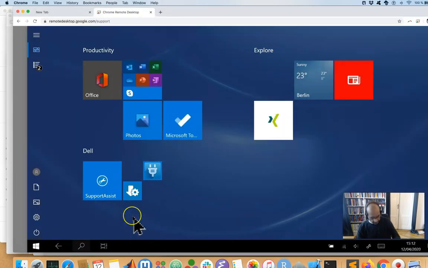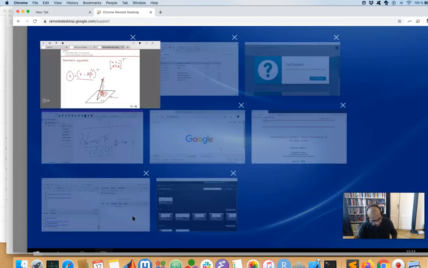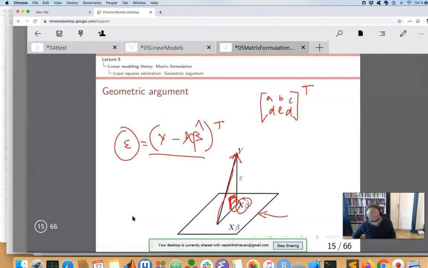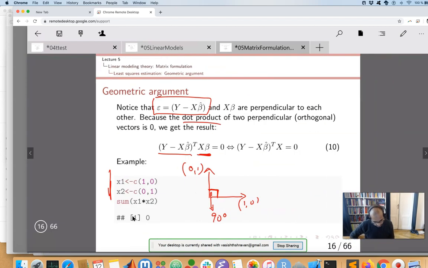So let's go back. What I've done now is take the transpose of the epsilon matrix and multiply that with x beta, and I know that that's going to be 0, because these are perpendicular to each other. That's why I have that equation here. Now I can get rid of beta.